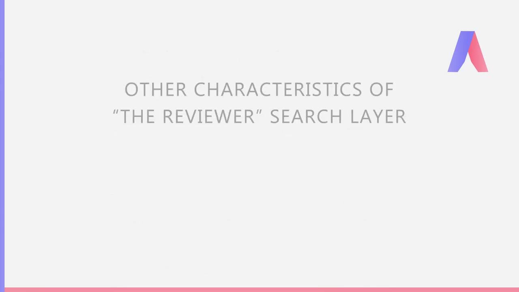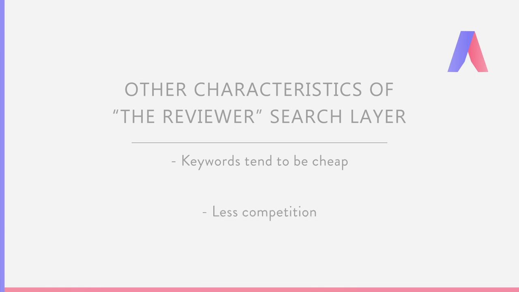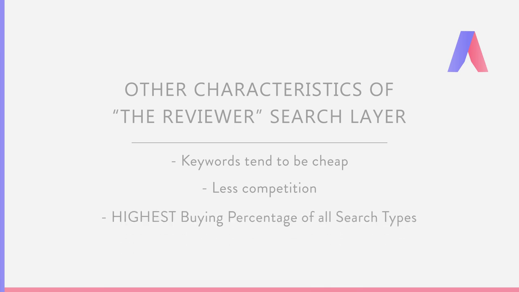Other characteristics of the reviewer search layer: these keywords tend to be cheap. Why? There's less competition by far on these keywords. They have the absolute highest buying percentage of all search types in any layer. They also have the highest recorded CTRs on the network.